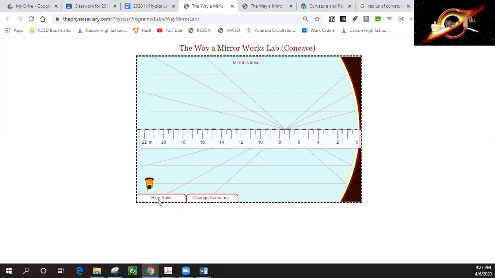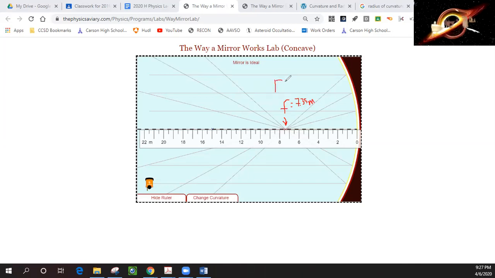If I was to show a ruler like this, this point right here where all the lines seem to hit is called the focal point. So this is F, which is the focal point. According to this diagram, the focal length is about, this is 6, this is 7, this is 7.5. Maybe we could say 0.35 meters.